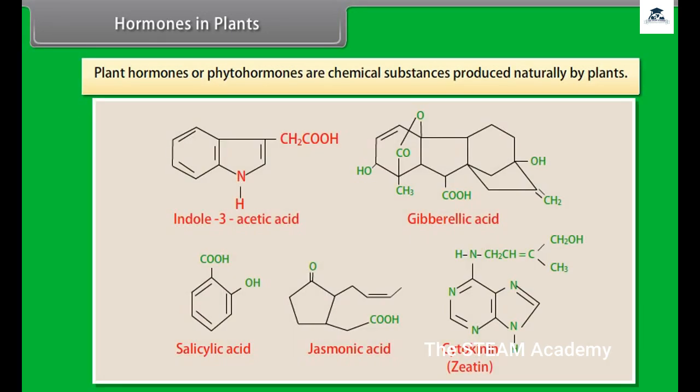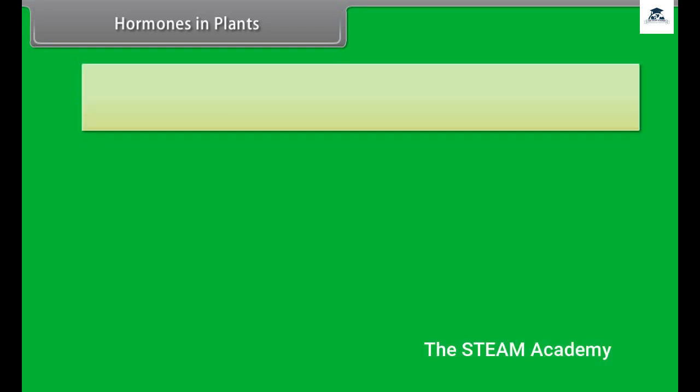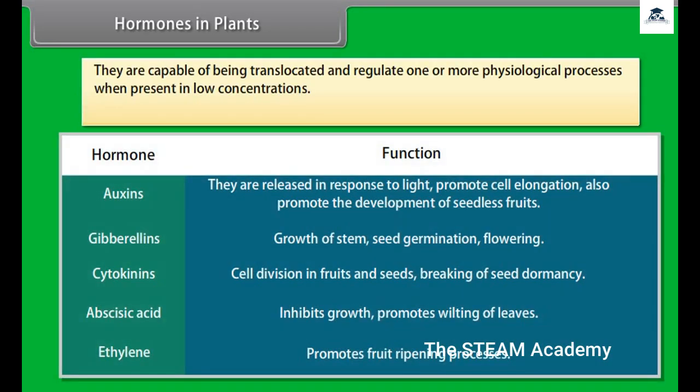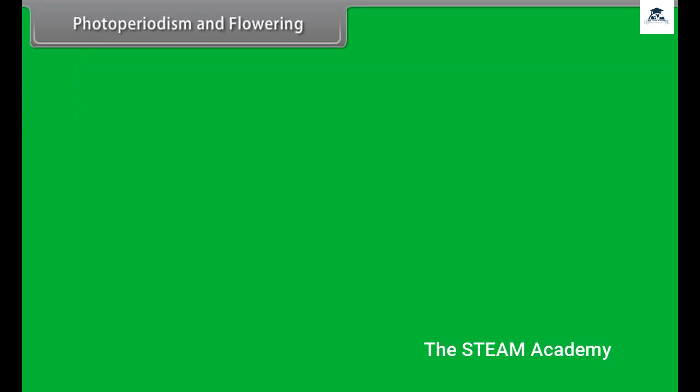Plant hormones or phytohormones are chemical substances produced naturally by plants. They are capable of being translocated and regulate one or more physiological processes when present in low concentrations. Plant hormones and their functions are as given in table.